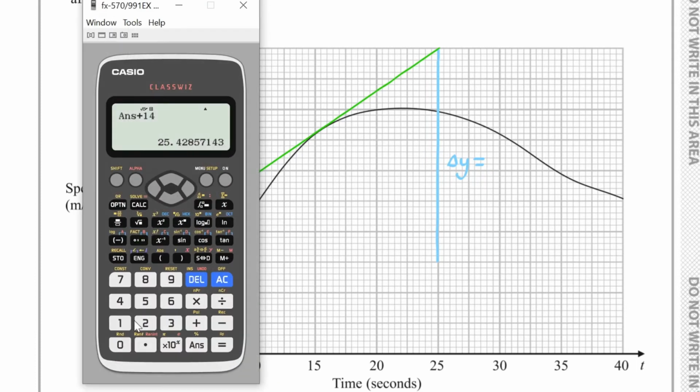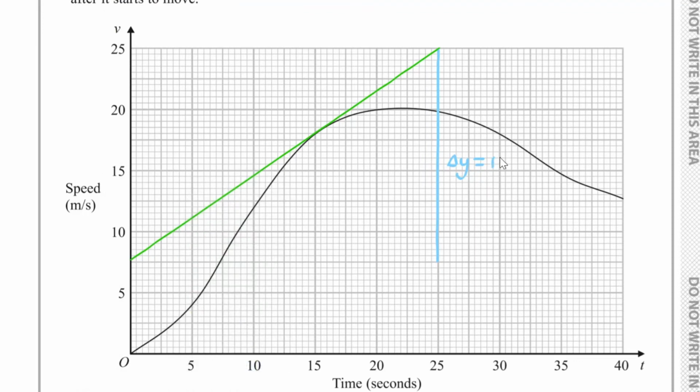So let's just work that out. 25 take away 7.5, that's equal to 17.5. The change in x, we are going from 0 to 25, so therefore the change in x, that's equal to 25.